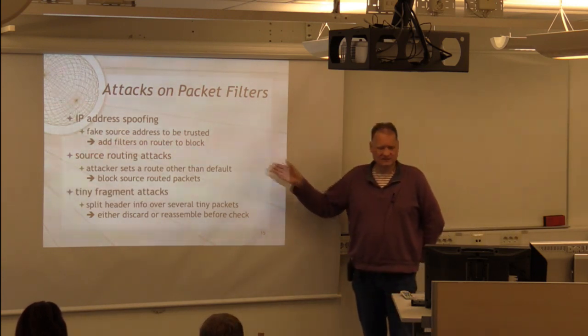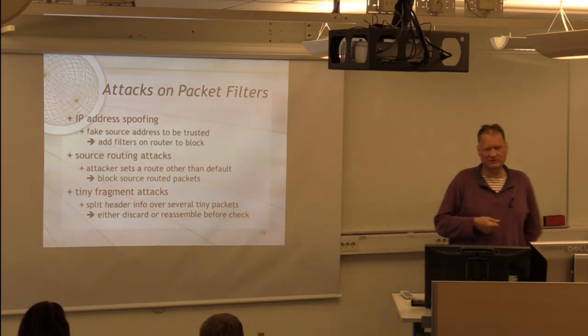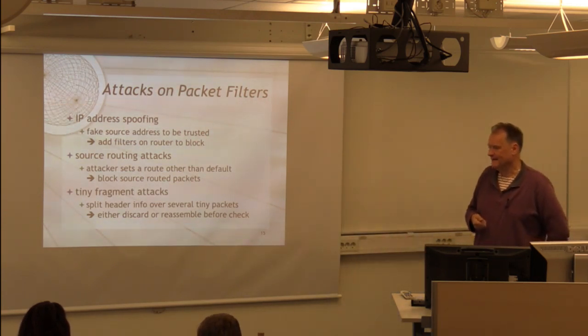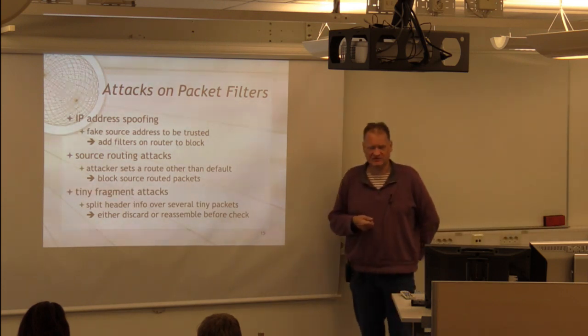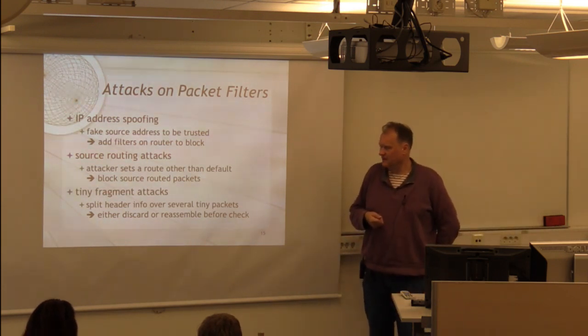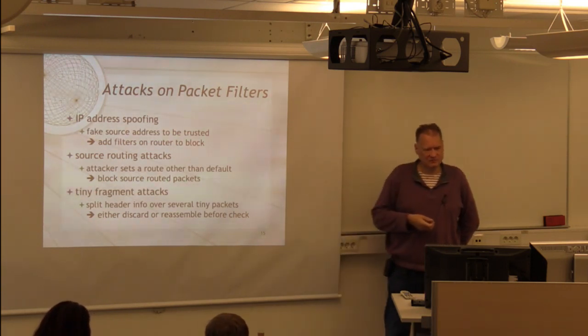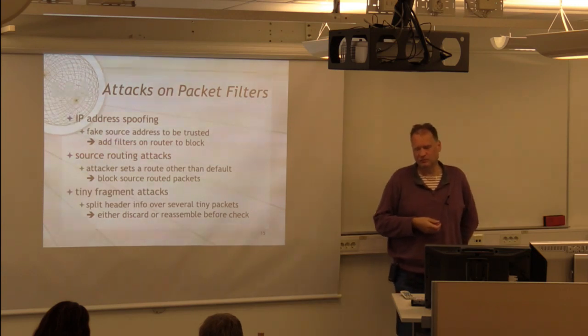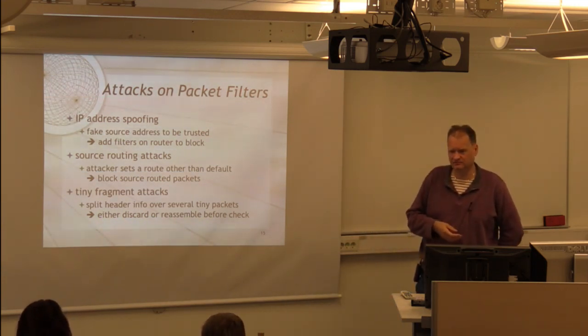And that could be a way to actually go around the firewall, because we are routing the traffic through a router, which is a trusted device. Source routing is not often used, so we can easily block all traffic that is using source routing and say that it's not allowed.